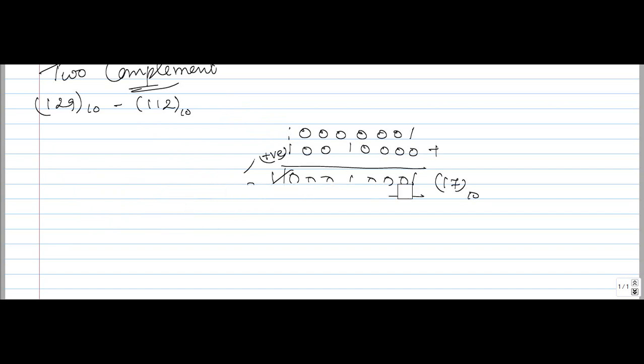Now, we'll do the other way. What happens if I change the data? That is, 112 minus 129. If I'm sure that I'm going to get a negative answer, I'm going to change this.